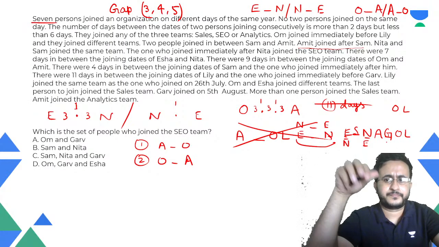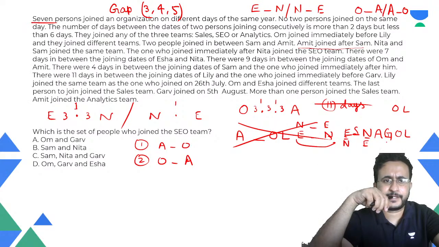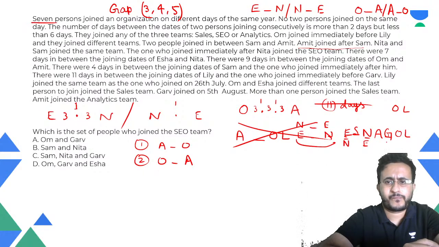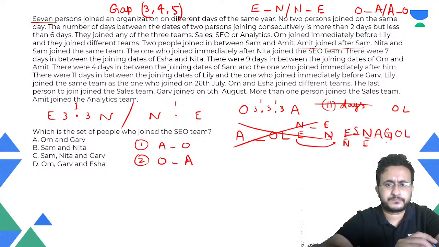G. Okay, that is what we will get. 2 between S and A. Where is it given?